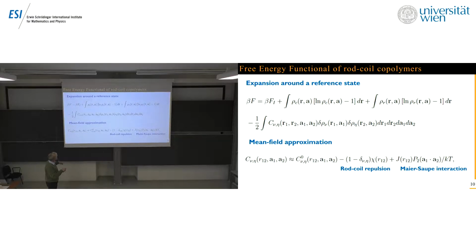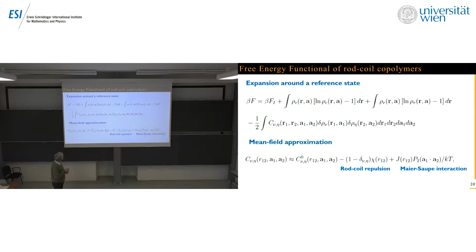And so here we have these direct correlation functions. The second term is quadratic in the deviations of the density from the density in the reference state. Usually people use the isotropic phase as the reference phase, of course. In this case, the first term here is just the free energy of the isotropic phase, which we're not interested in. So we're only interested in the extras.